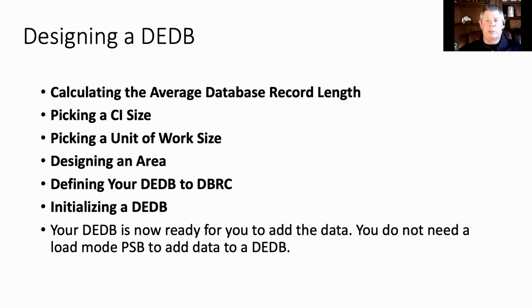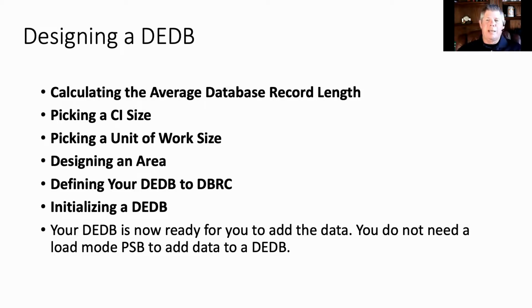The dependent overflow part contains control intervals that IMS uses when a base control interval runs out of space. So IMS assigns one of the dependent overflow control intervals to be the logical extension of the base control interval. I know this is kind of confusing, but there's a lot to it. But if another base control interval runs out of space, then IMS assigns it to a different dependent overflow control interval.